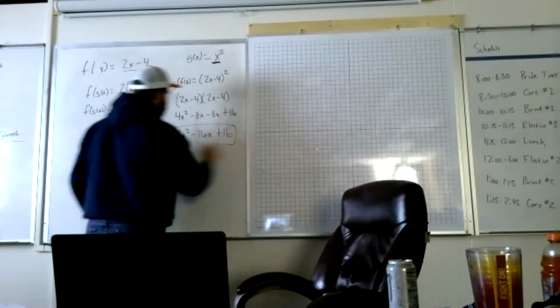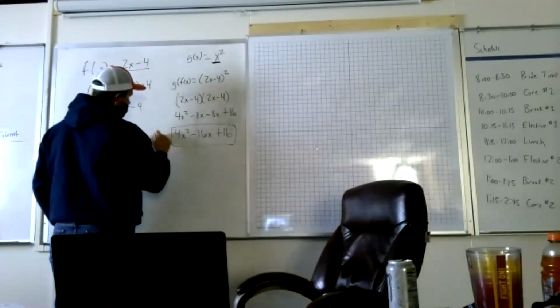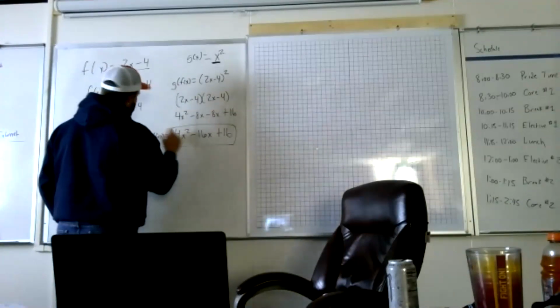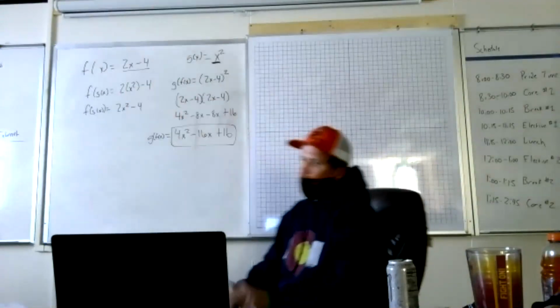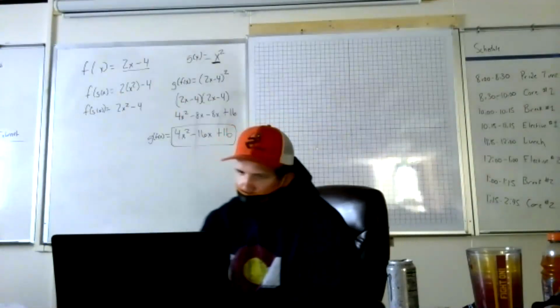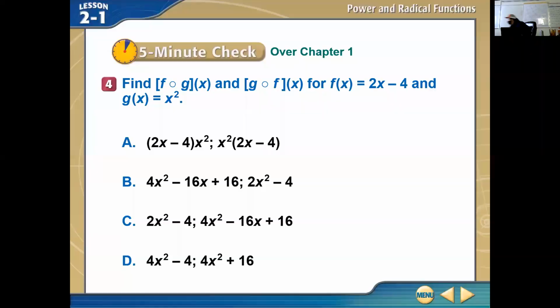So those are our two answers, g of f of x and f of g of x. Looking at our answer choices, it looks like it is going to be answer C.